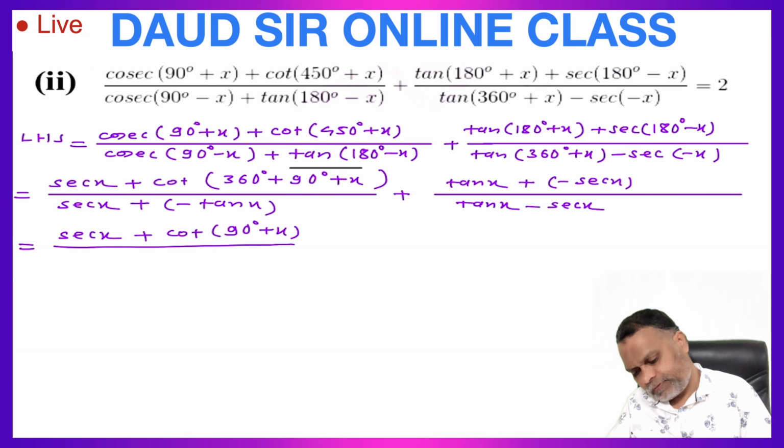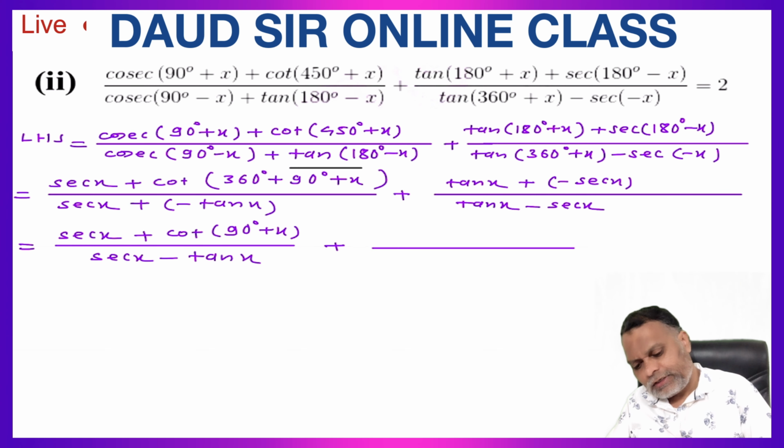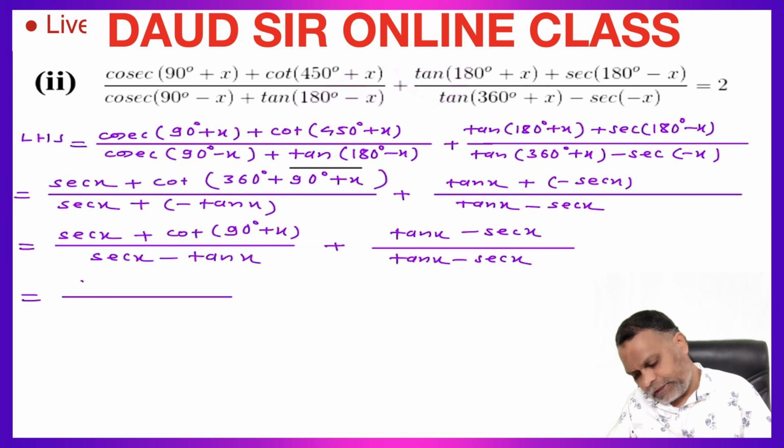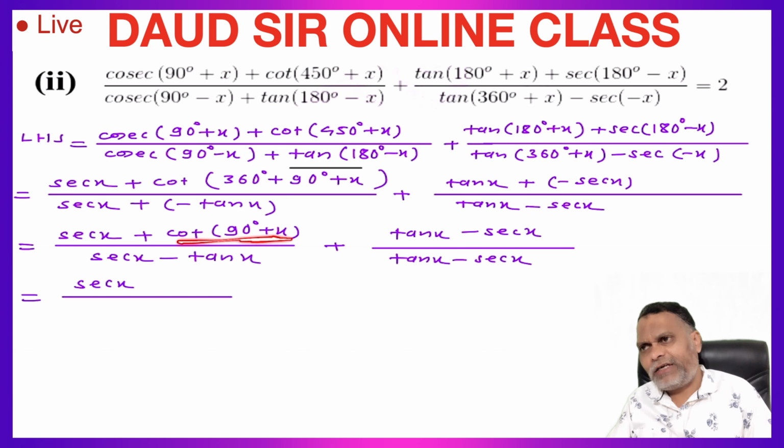upon sec x minus tan x plus tan x minus sec x, which is equal to, this is sec x 90 plus x. 90 plus theta lies in second quadrant. In second quadrant, cot is negative there.